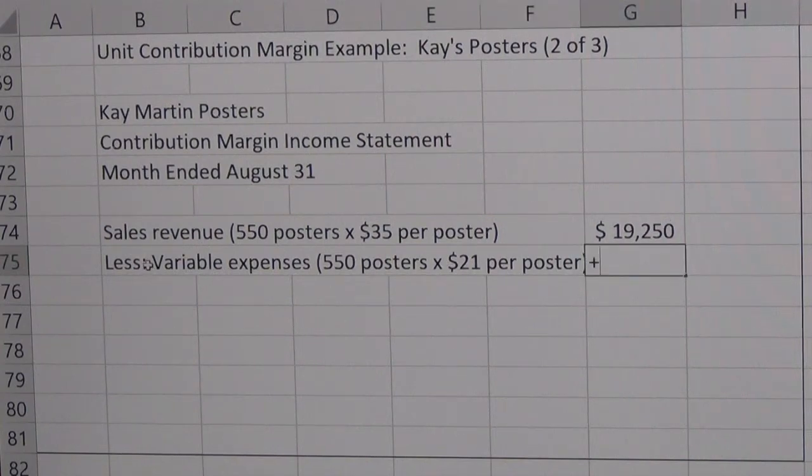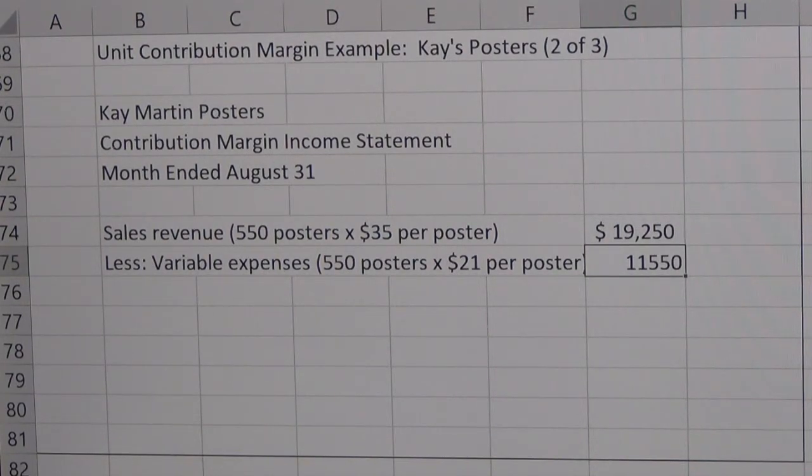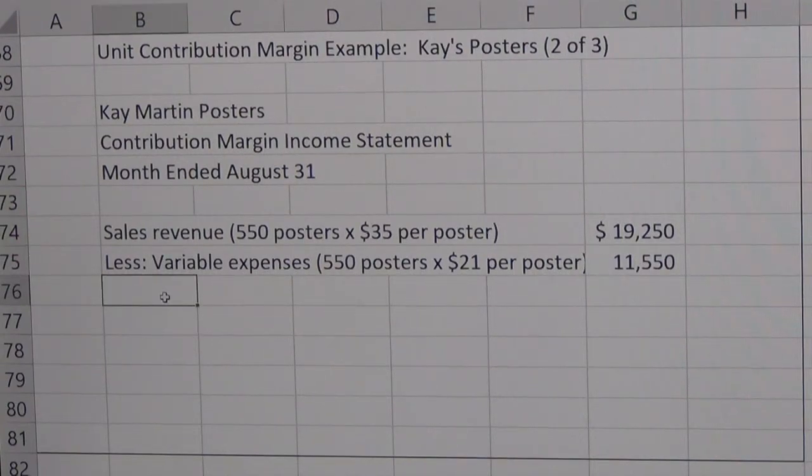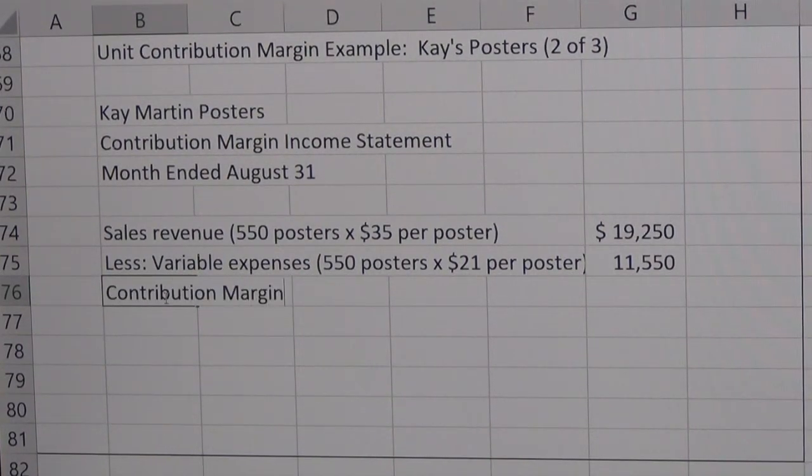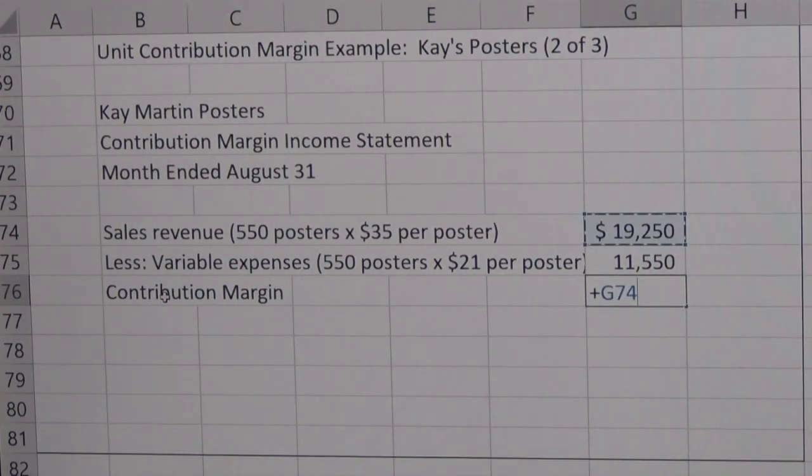So 550 posters multiplied by 21 gives us 11,550, which then allows us to compute the contribution margin. As you recall, it's revenues minus expenses, which gives us a contribution margin of $7,700.